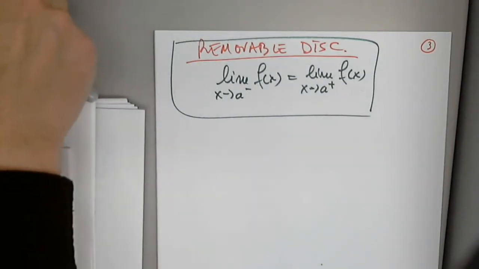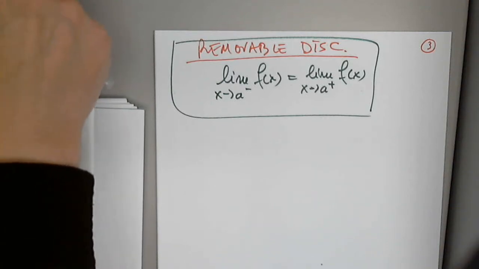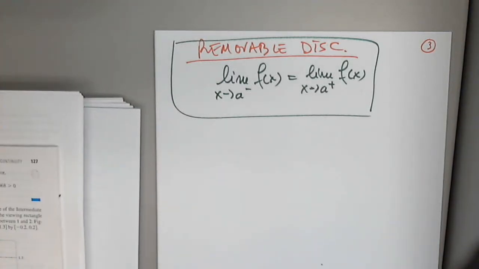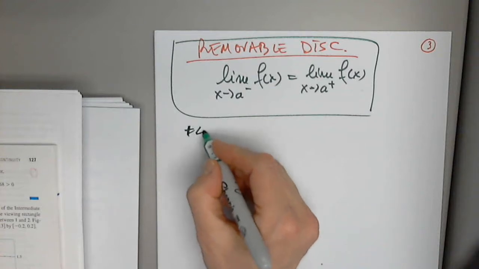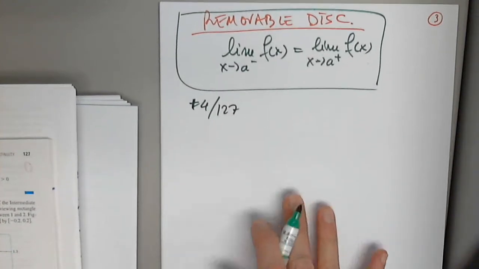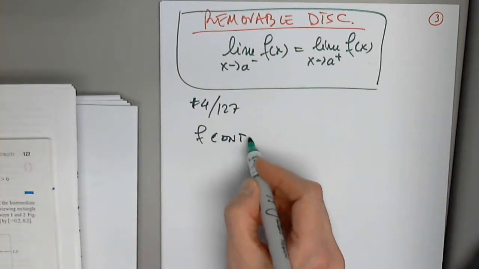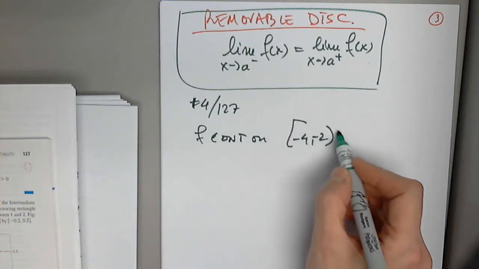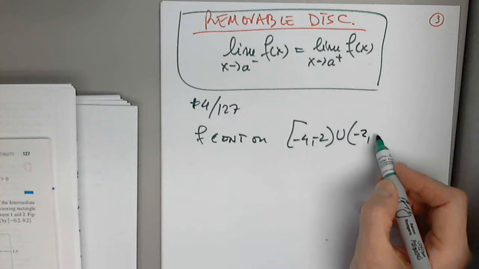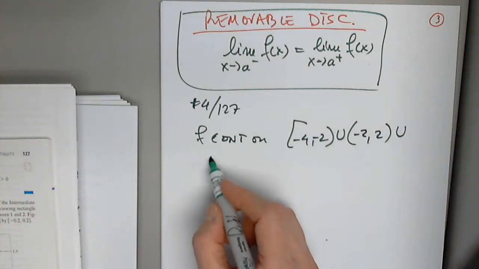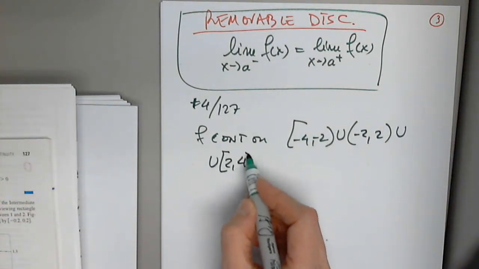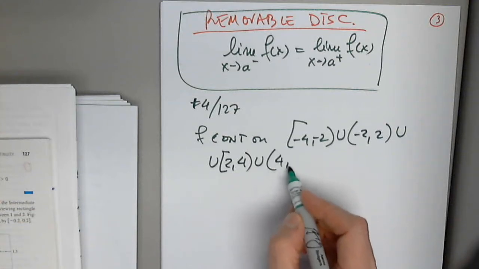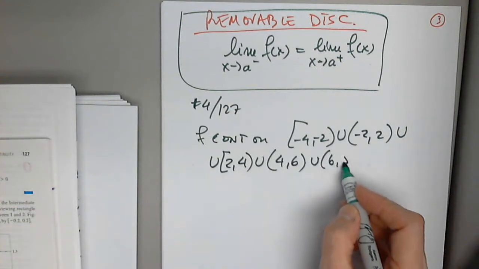I will write it down for you right this moment. Any questions on this? So for 4 on 127, f is continuous on -4, -2, union, -2, 2, union, 2, 4, union, 4, 6, union, 6, 8.